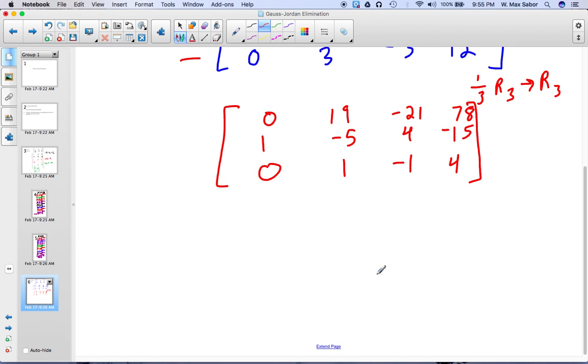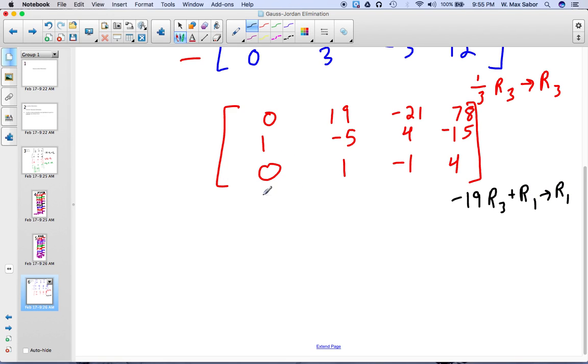Now, I can either cancel this out or this out. It's not really easier to do one or the other. Let's multiply by negative 19. It's just important that we're consistent. Negative 19 times R3 plus R1, put that in R1.